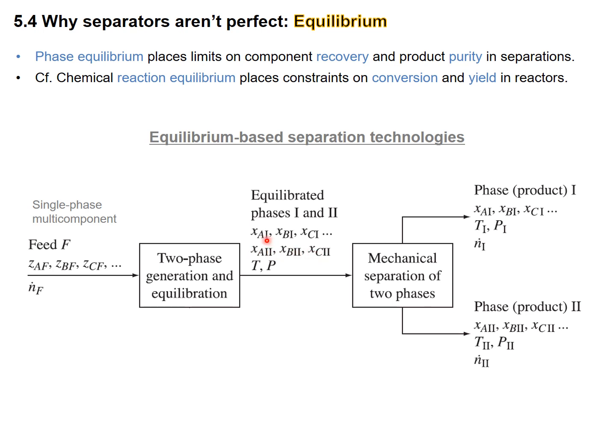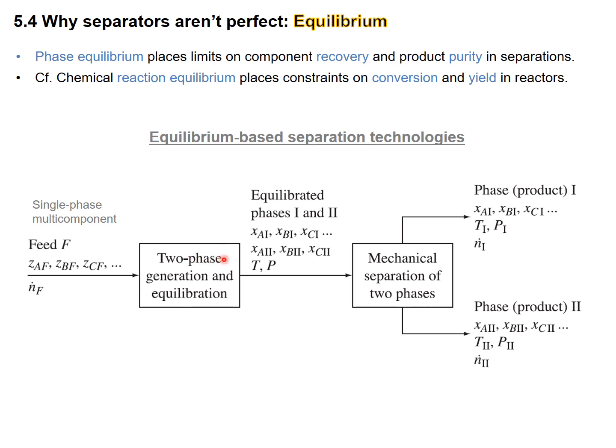Of course, these values are not the same between phase 1 and phase 2. Also, temperature and pressure should be fixed to make the equilibrium. Those things are variables for the equilibrium-based separation process.